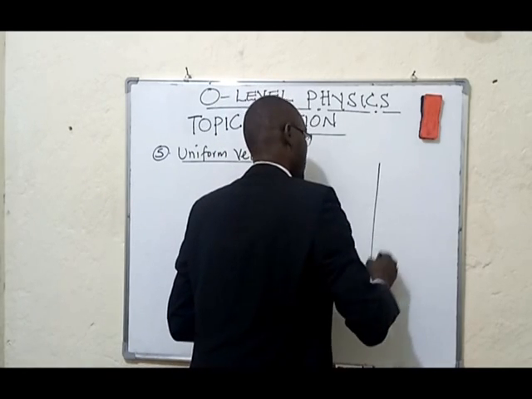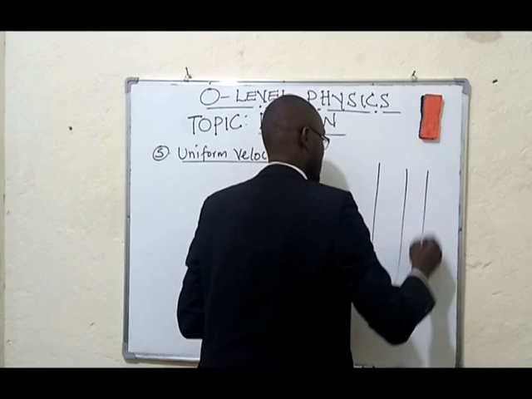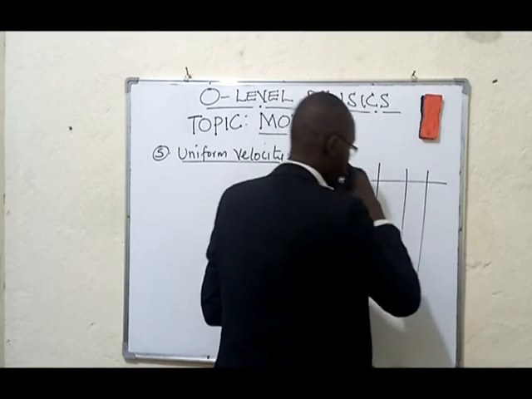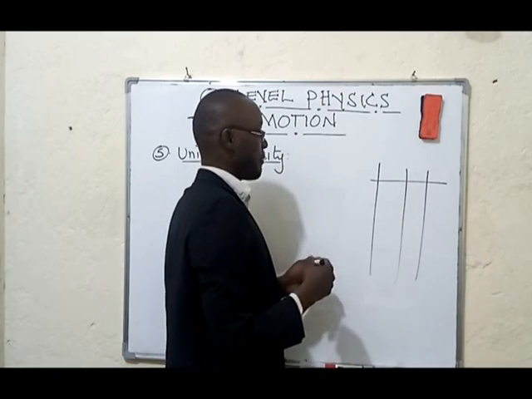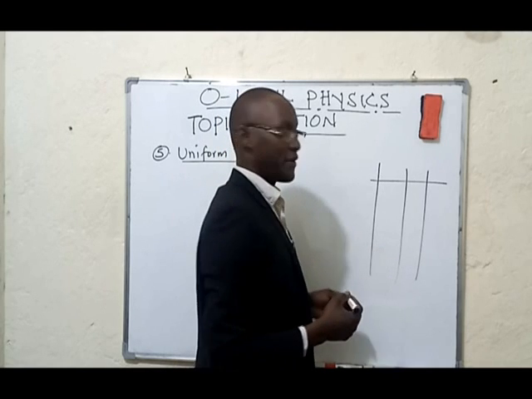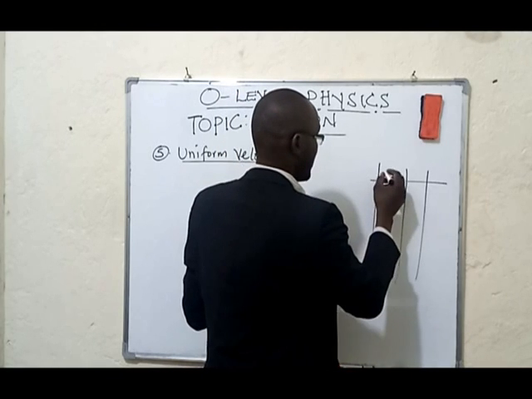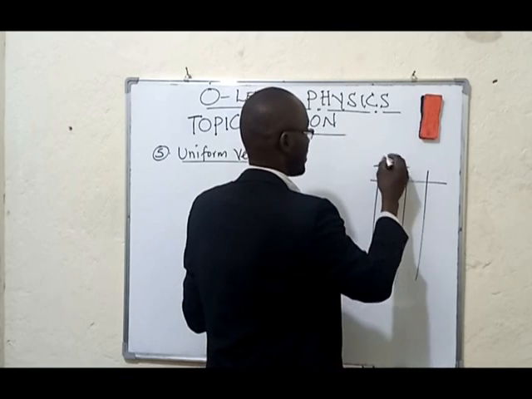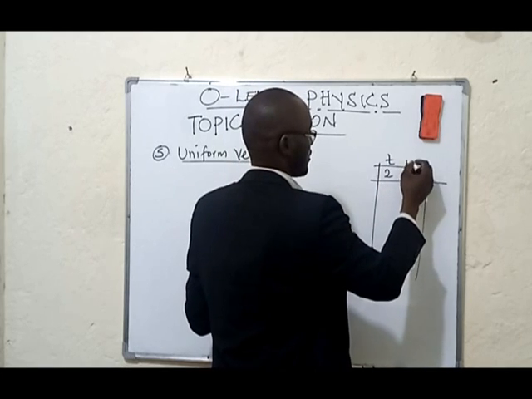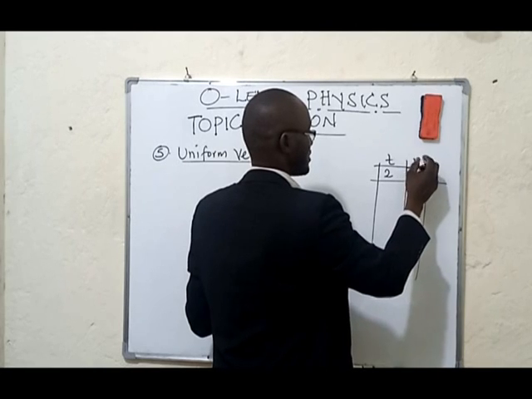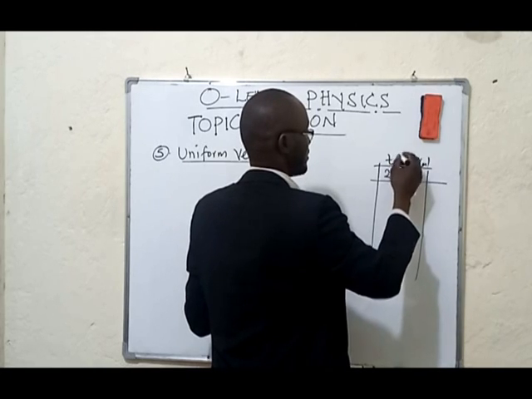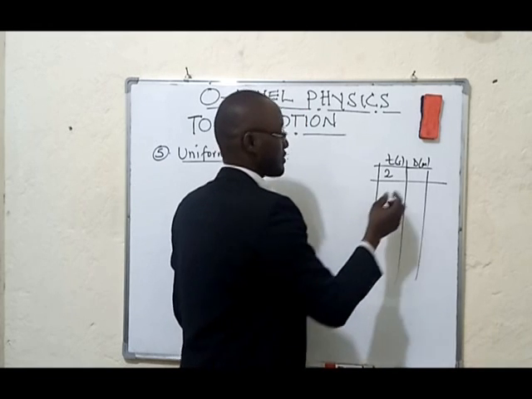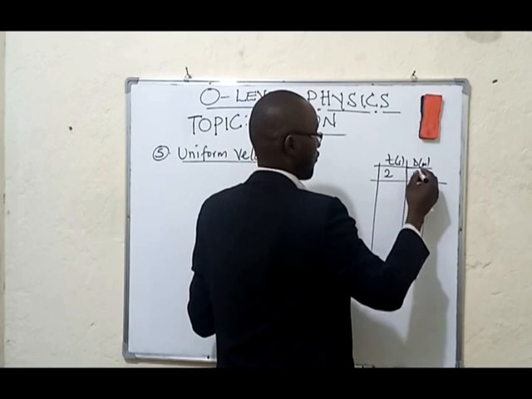Assuming I have a vehicle or a body which is moving, its distance is changing with the time. At a time t is equal to 2, that's where we started timing it, the distance covered, in meters, with time in seconds, is 4.